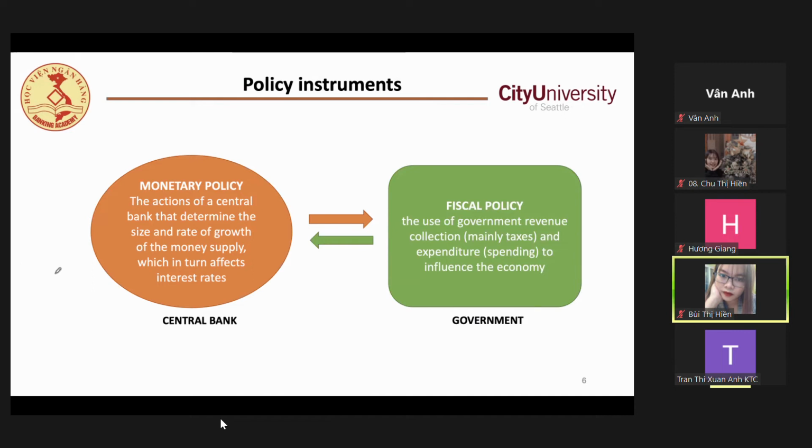Because when we mention policy instruments, actually, in the economy we have two main instruments. One we call monetary policy, which is conducted by the central bank, and the other is fiscal policy, which is conducted by the Ministry of Finance.